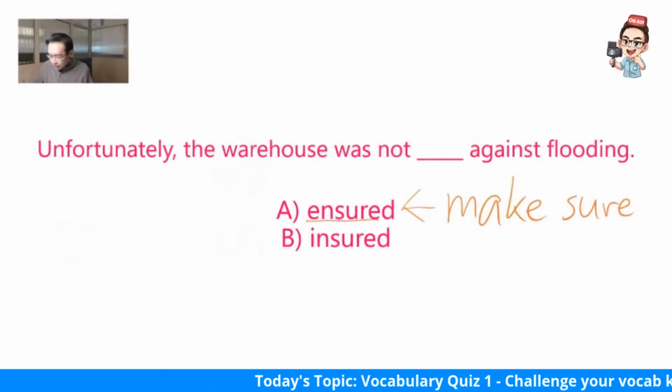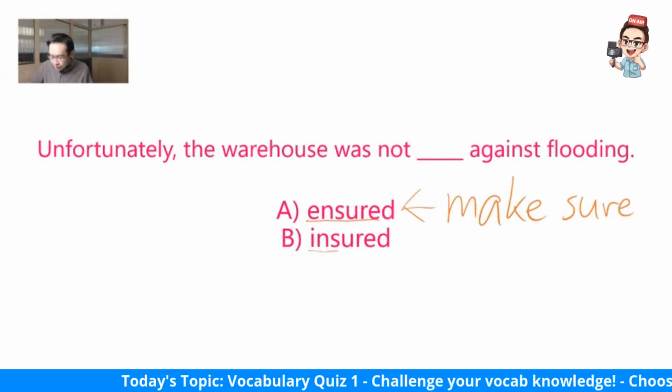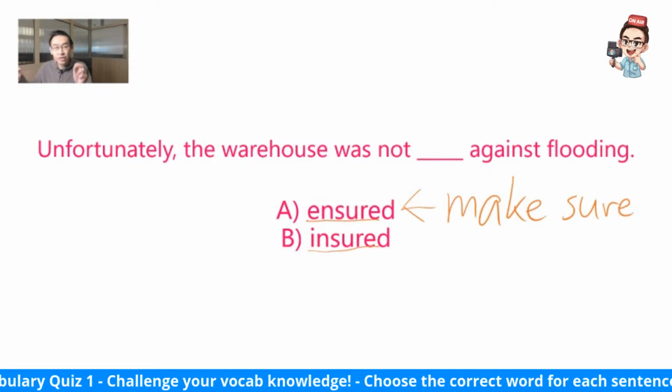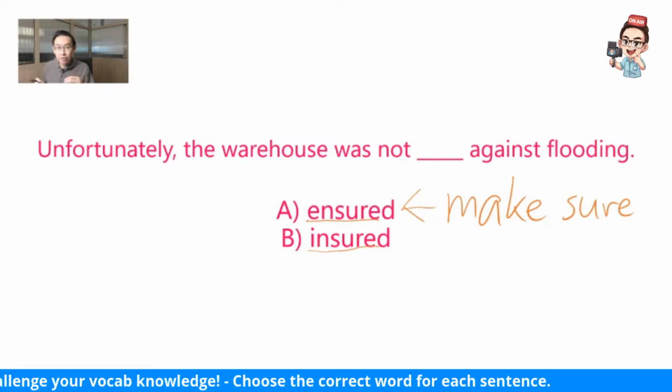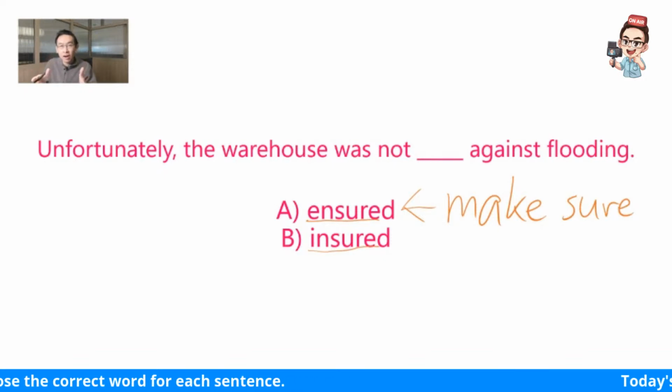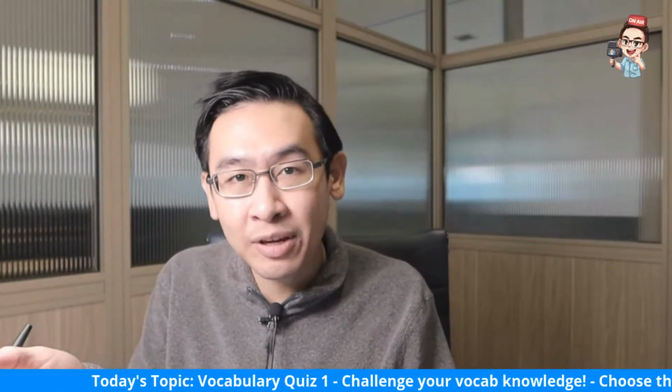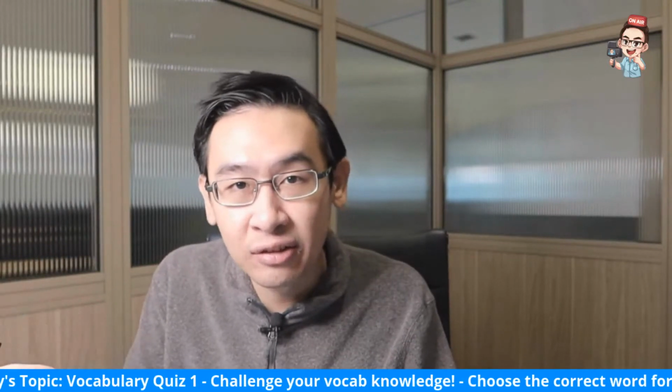What about insured? This comes from insure. So to insure is to have an insurance. Maybe if you have a car, you need to have an insurance, right? If you don't have an insurance and you have an accident, what happens? You have to pay everything, and it's against the law as well.